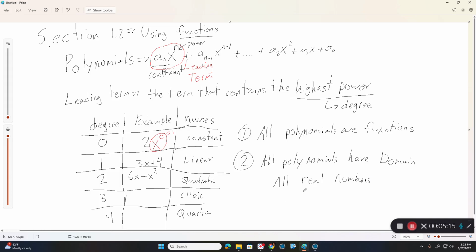Now you can write this a couple different ways. This kind of fancy looking R symbol is another way of representing R, the set of all real numbers. In our notation, we usually just say it starts at negative infinity and it goes until infinity. Okay?